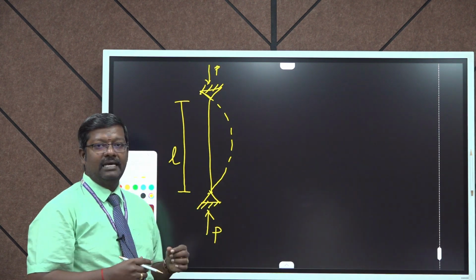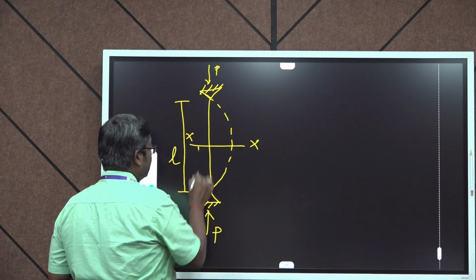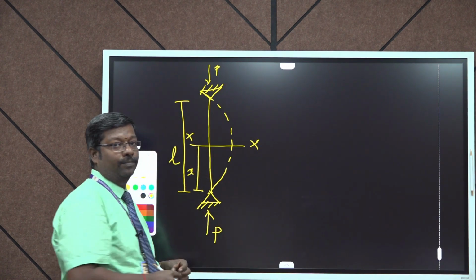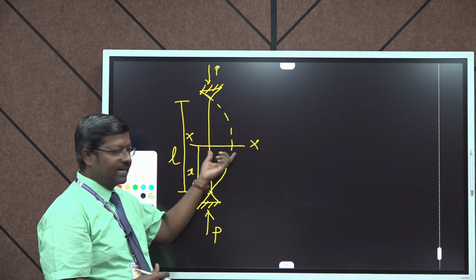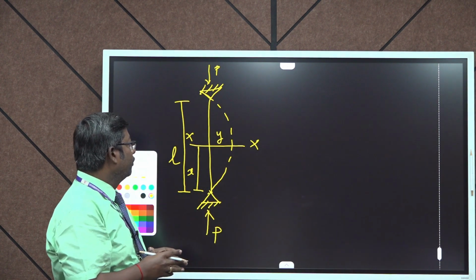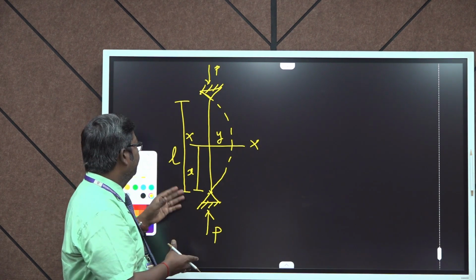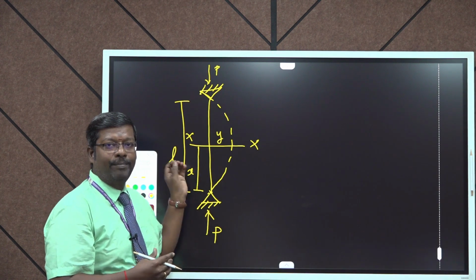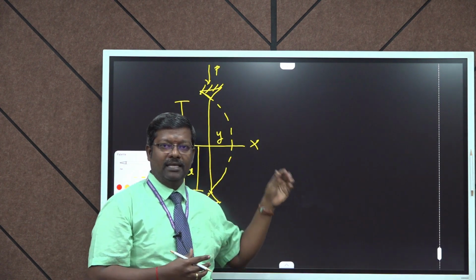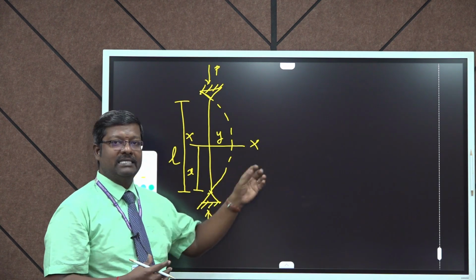Now, let us consider a section XX at a distance small x from the bottom support. The deflection at x will be taken as small y. Now, for this pinned support column to be in equilibrium state, the external moment should be equated to the internal resisting moment.